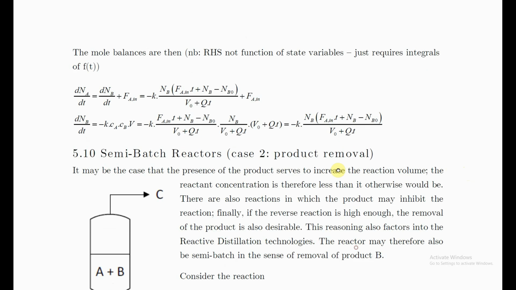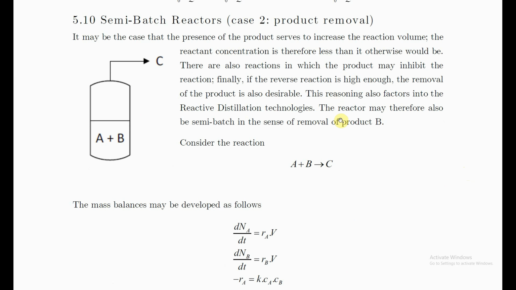So in the tutorial we'll work through some examples like this, and we'll look at how those concentrations vary in time and so on. Another thing you could do, which we would also call a semi-batch reactor, this time instead of feeding in only, let's say we also withdraw our product. So let's say we have components A and B in the liquid phase reacting to give us component C, which is actually in the gas phase.